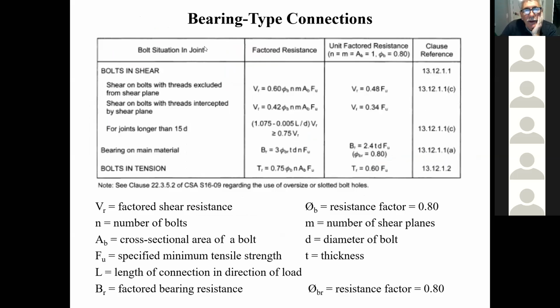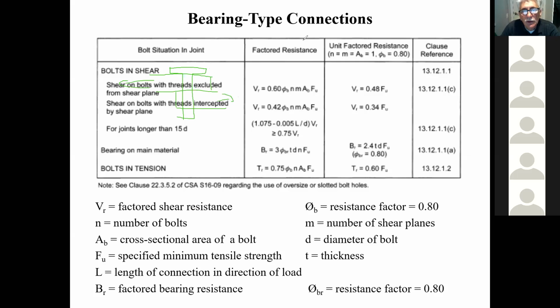let me just go back to my drawing here. If I have a bolt here, and the bolt is fastening one piece here and one piece there, and the force is going like this and like that.